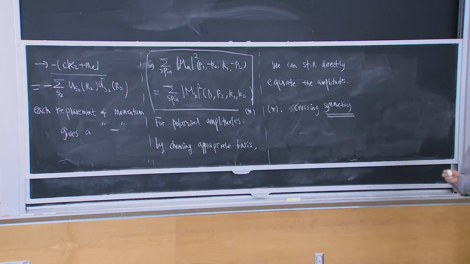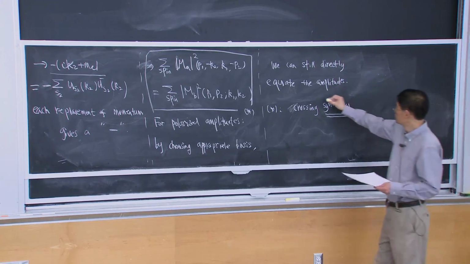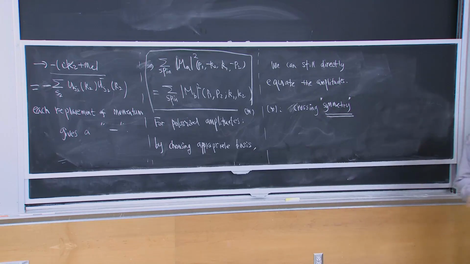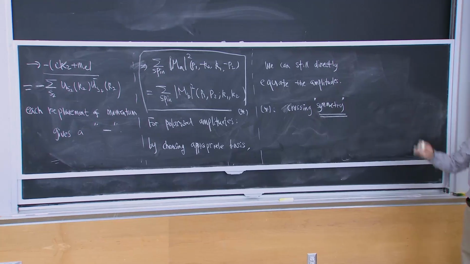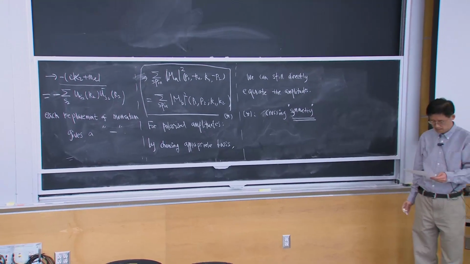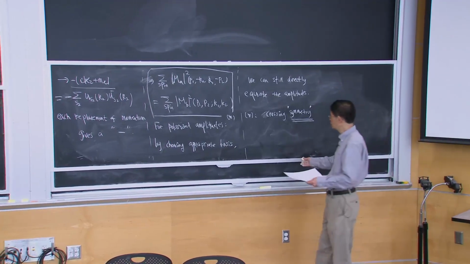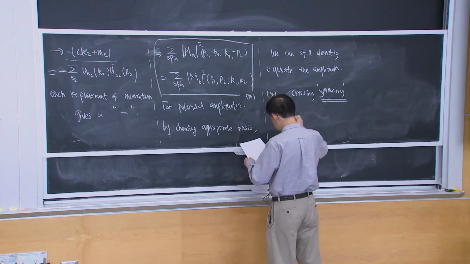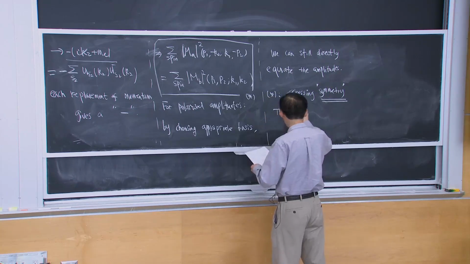This is just a relation between the amplitudes of different processes, the amplitude of one process to the amplitude of another process. And this relation comes from a very simple fact.